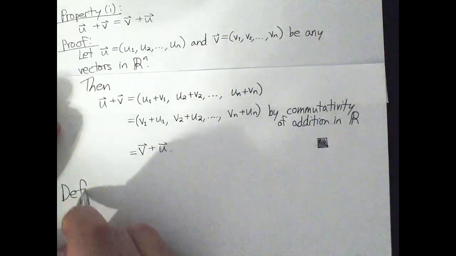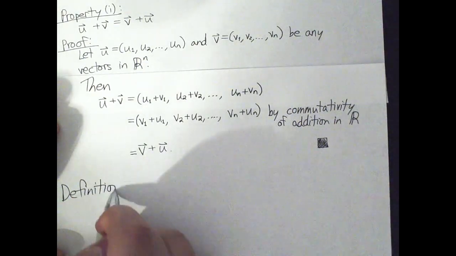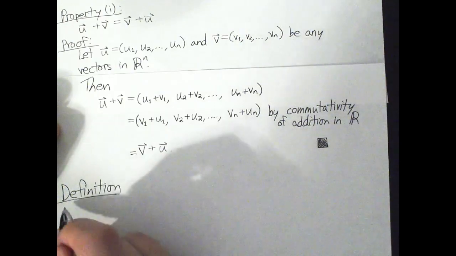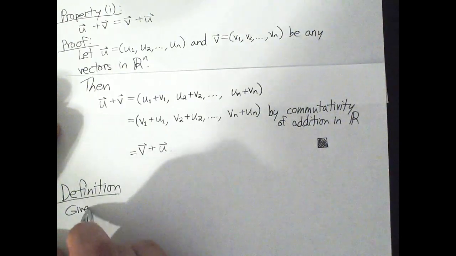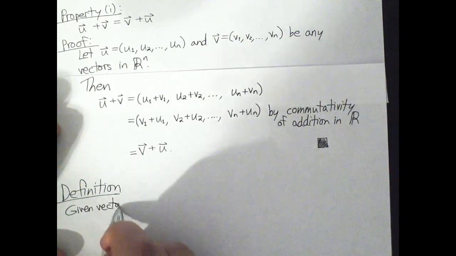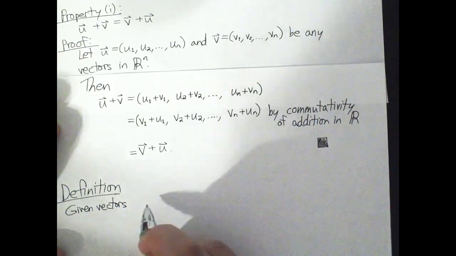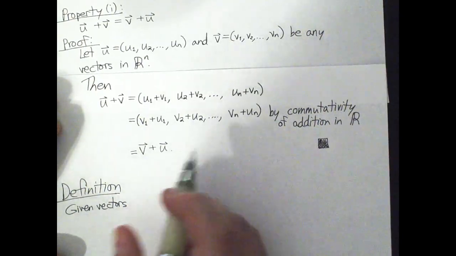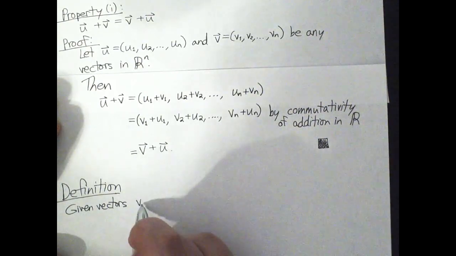That leads us to a definition. Okay, definition. Let's say we are given vectors. We need a bunch of vectors now, so we're going to be general. We don't know how many of them there are.